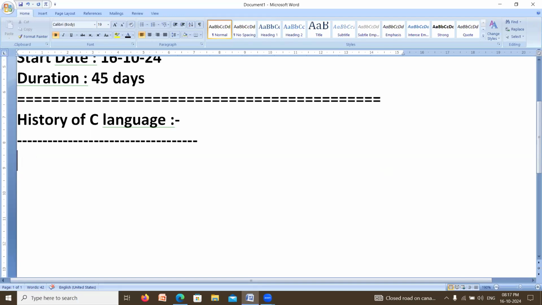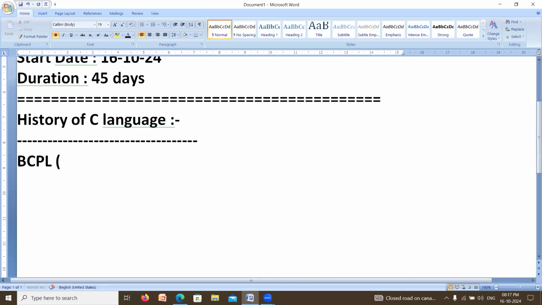Then high-level languages were introduced. High-level languages means in these languages you can write the program by using simple English words. Those are called high-level languages. Those are very easy to understand. So many people like to learn these programming languages. One of the popular high-level programming languages is BCPL.